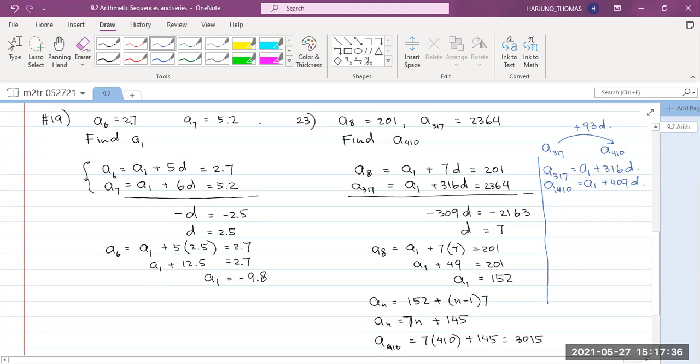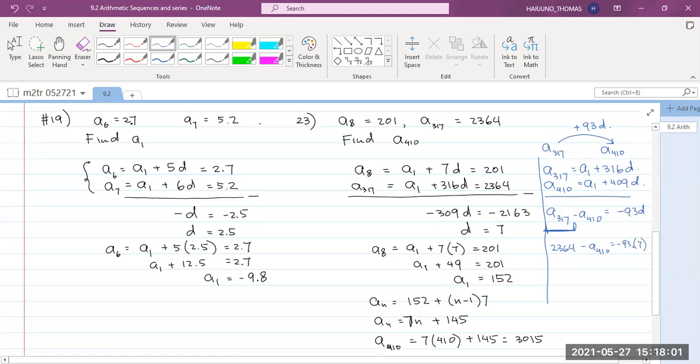Is it right? So if you subtract the 317th minus the 410th term, that's negative 93 Ds. But you know this already, right? This is 2364 minus the thing that I need equals negative 93 times 7. Do you see that?